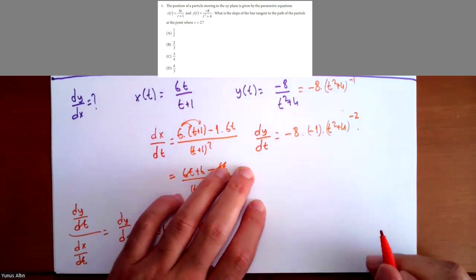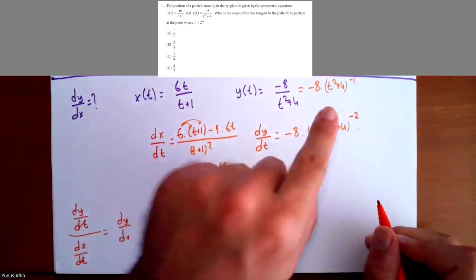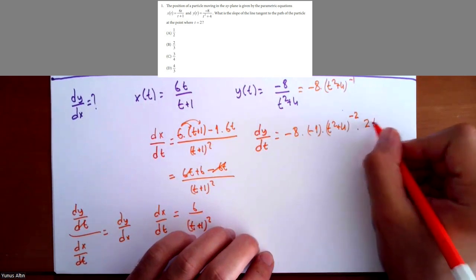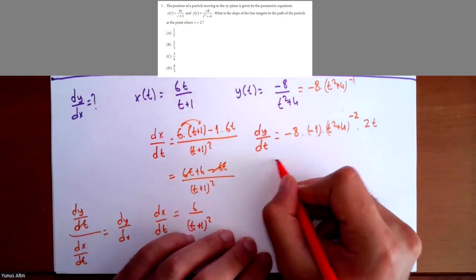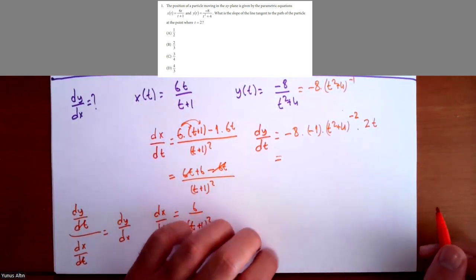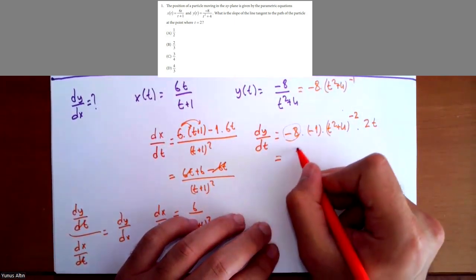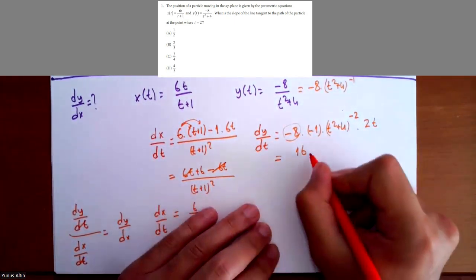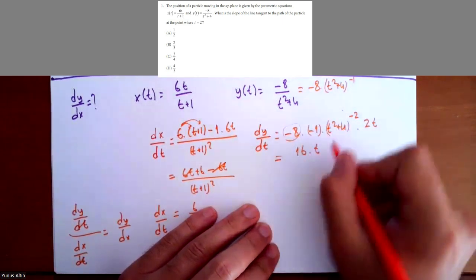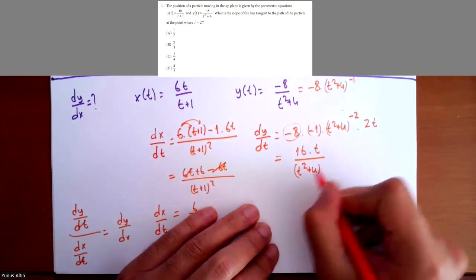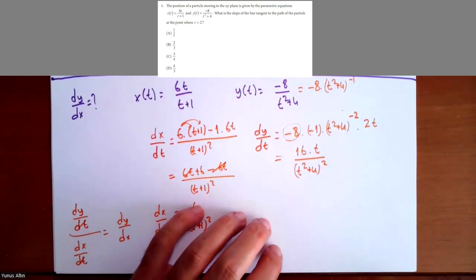But we do not forget the derivative of the inside, which is 2t. So as we said, always organize your expression. Minus 8, minus 1, 2. If we multiply them, we have 16 times t. And this can be written in the denominator, t squared plus 4, but second power, not minus 2.